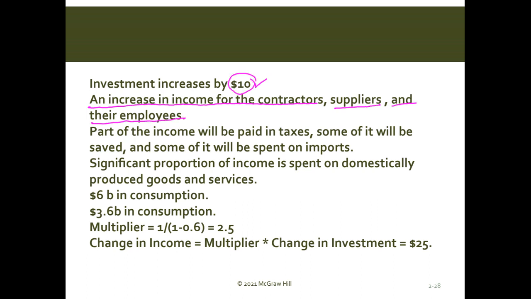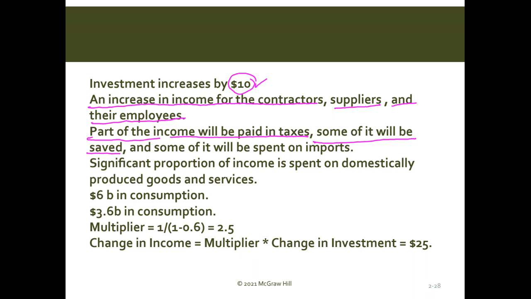Now, when these people receive this $10 million in the form of income, what are they going to do with this income? Part of this income will be paid in taxes. Some of it will be saved, and some of it will be spent on imports. Suppose I receive a part of this income; I have basically four options.